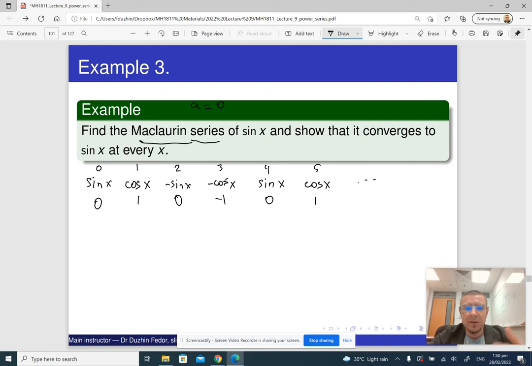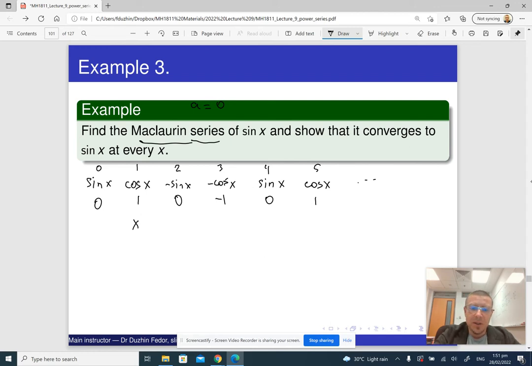So the consecutive derivatives of sine x evaluated at 0 are just 0, 1, 0, minus 1, 0, 1, 0, minus 1, and so on, right? Which means that to construct the Maclaurin series, the term of degree 0 is just 0. Then the term of degree 1 is going to be x. Then there is no term of degree 2.